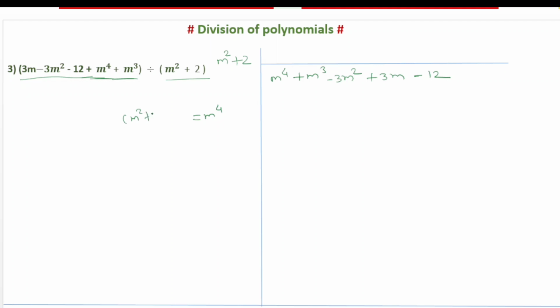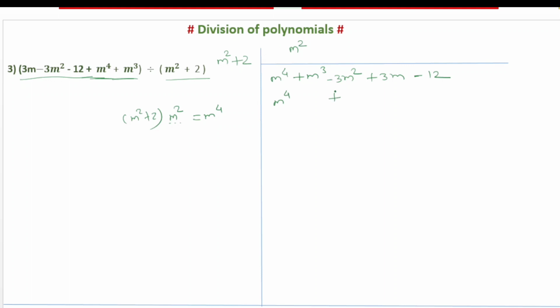Which value multiplied by this polynomial gives m⁴? Obviously m² into m² gives m⁴. So the first quotient term is m², and m² into 2 gives 2m².